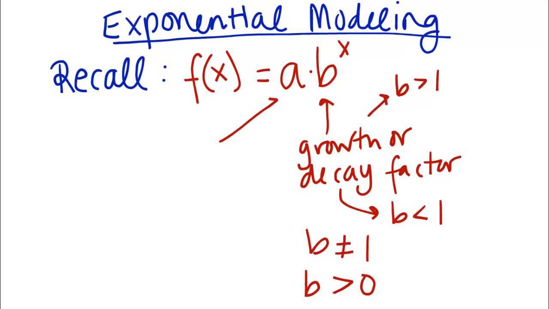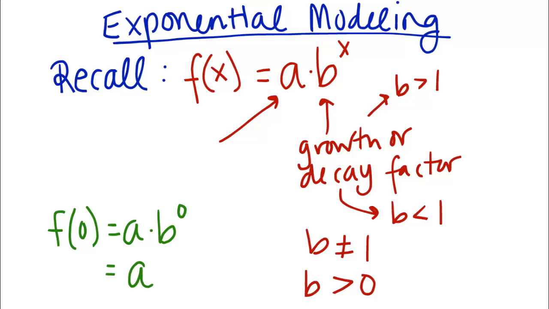Also, this a value we mentioned, when we graphed this, was the y-intercept of the function. Think about plugging in 0 for x. F of 0 is a times b to the 0, and of course b to the 0 is always 1, so that's just a.